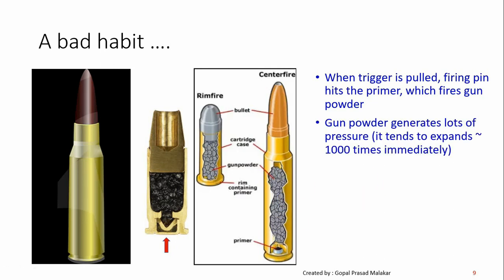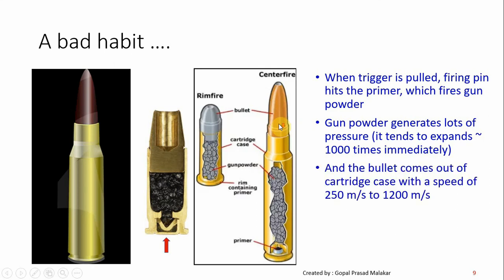What you need to understand is this fuel is of that kind that it immediately wants to expand 1,000 times its volume. And because it is fit tightly, it generates tremendous pressure, due to which the bullet comes out with a speed of approximately 250 to 1200 meters per second. Think of 250 as the minimum, and 1200 probably on the higher side. That's the typical speed of the bullet when it comes out of the gun.